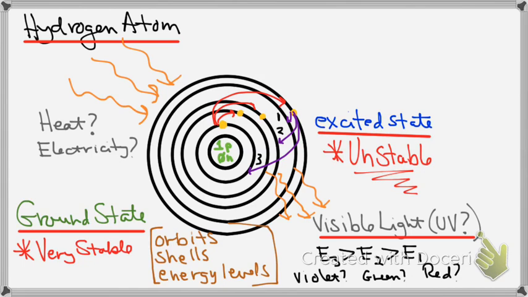And if you remember a bit about the comparative energies of the different colors, you know that higher energies are associated with higher frequencies, so that would be sort of towards the violet end of the spectrum. Lower energies would start to move from the violet, and maybe E2 is around the green area of the spectrum. And if it drops a short distance, which would represent less energy, the color is going to be somewhere towards the red end of the visible light spectrum.